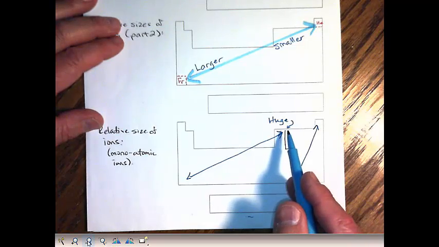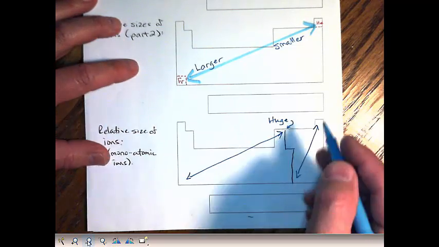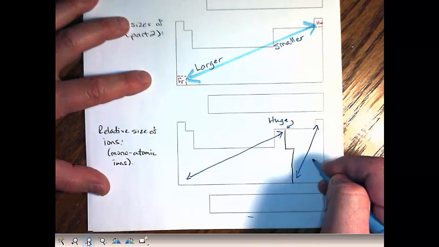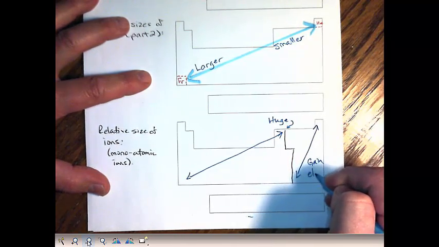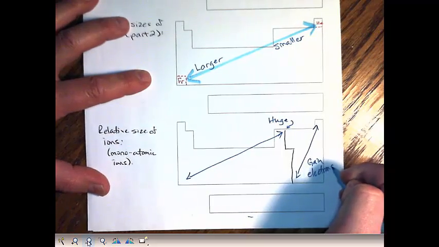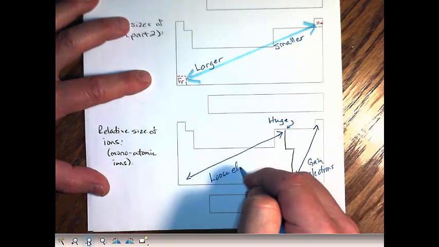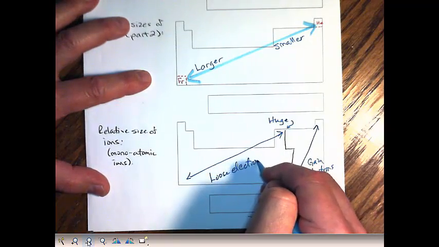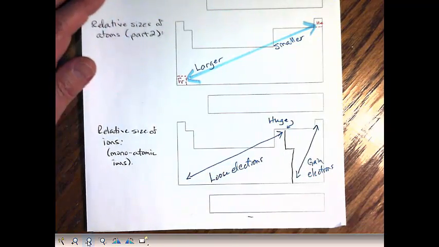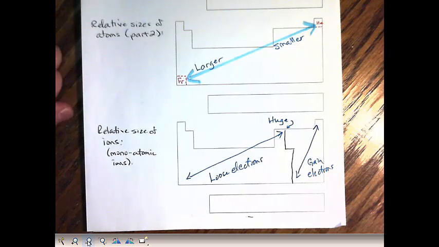These are the ions that gain electrons, and these are the monoatomic ions that lose electrons. That's all you got to know about it right now. Know the pattern, you don't really have to understand a lot about the reason yet. Hopefully it'll make more sense when we get to that point.